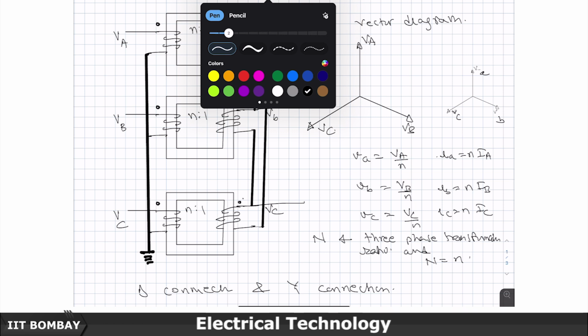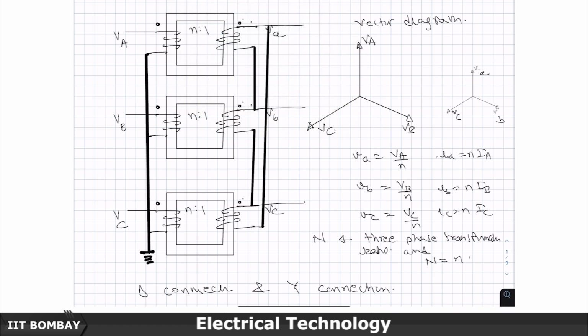So, then what would happen now? There is an asymmetry in the connections on the primary side and the delta side, and I am going to show you very soon how that 30-degree phase shift comes about, but that 30-degree phase shift will come into play.